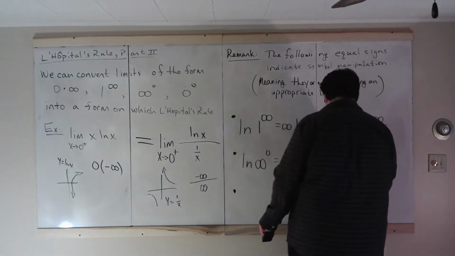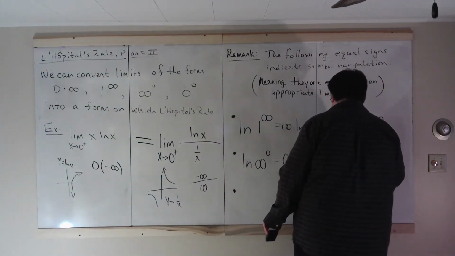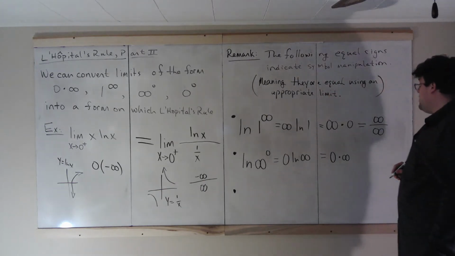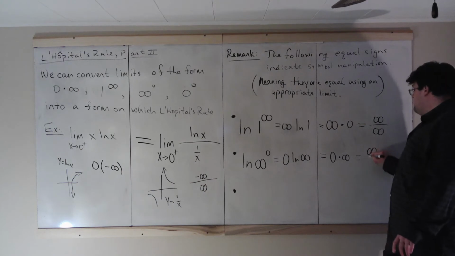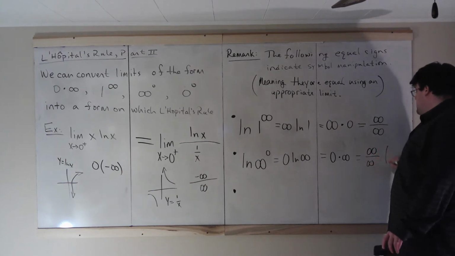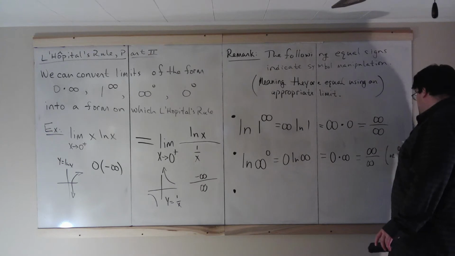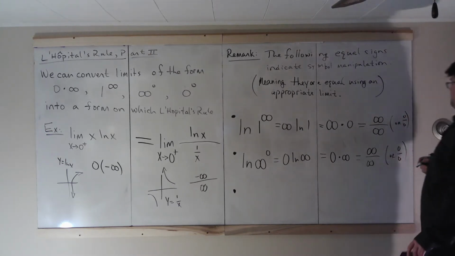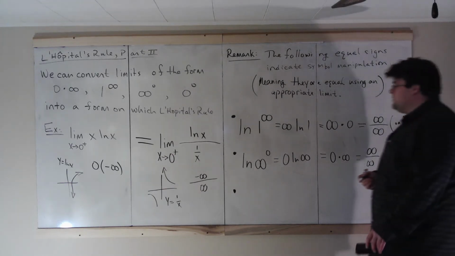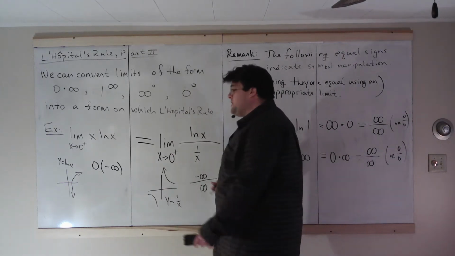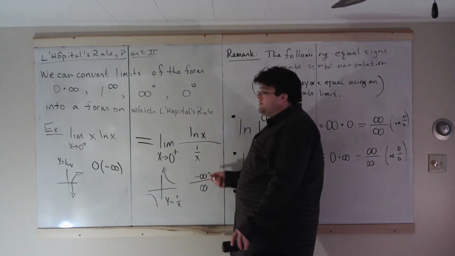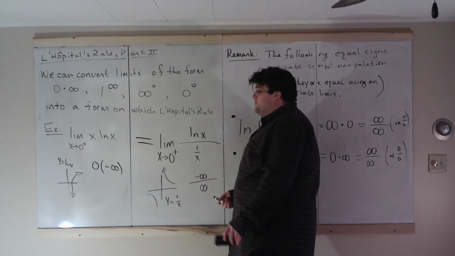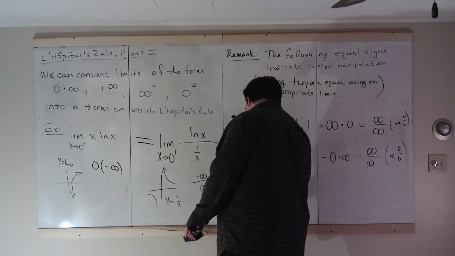So we have here a 0 times infinity, and L'Hopital's rule applies there if we convert that into an infinity over an infinity. And I will say, or 0 over 0 for both of these first ones, depending on which thing you throw in the denominator. And that would depend on which derivative you'd rather take. And again, this one I'd rather take the derivative of 1 over x than the derivative of 1 over log x, because that would require a chain rule argument.